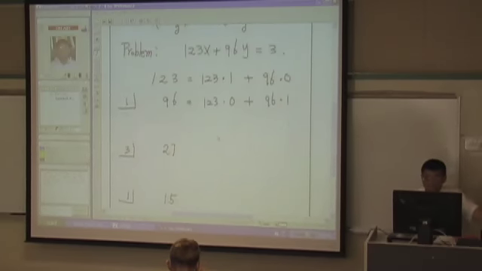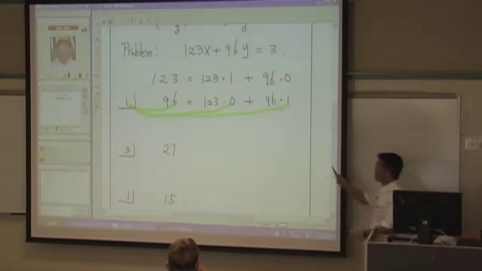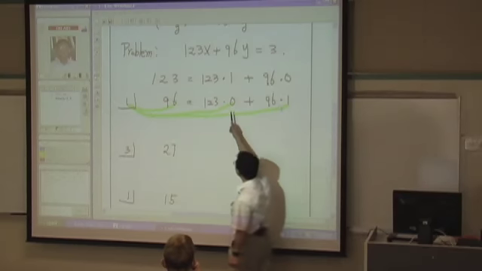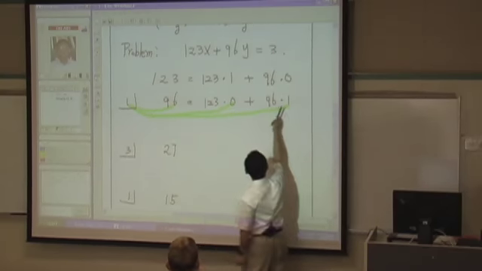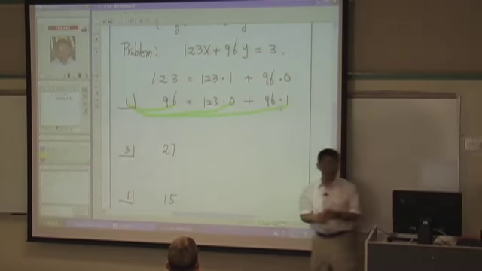Then, as you can see, if you multiply 1 through, right? So I multiplied 1 through. Multiply 1 here, multiply 1 here, multiply 1 here. Then we get 96 on the left side. 0 times 1 is 0. 1 times 1 is 1, right? And then we subtract.